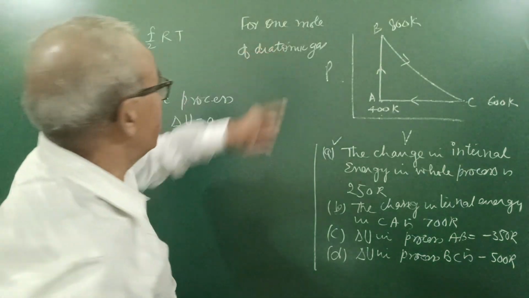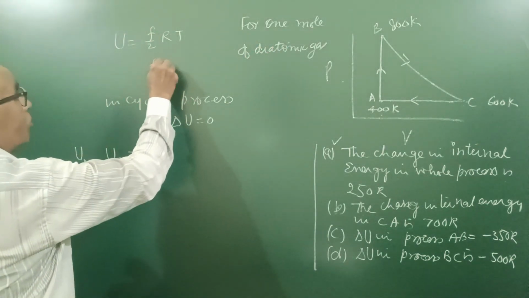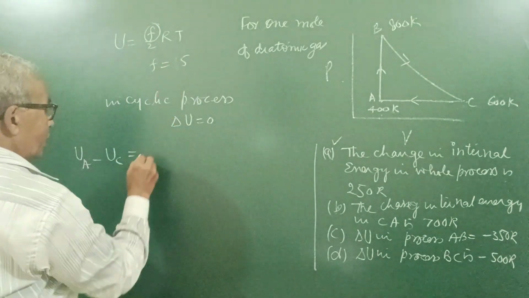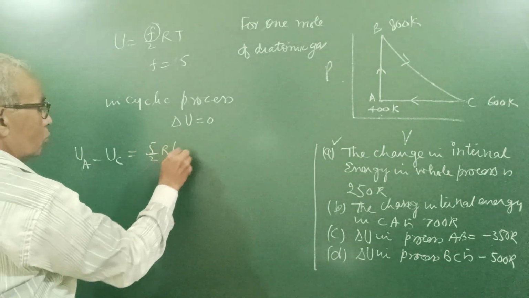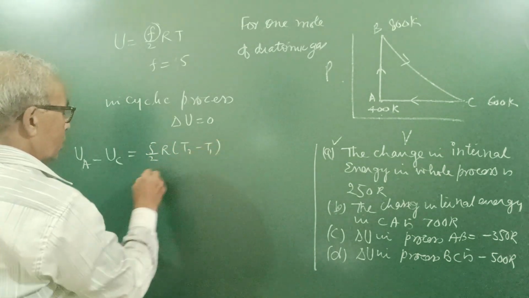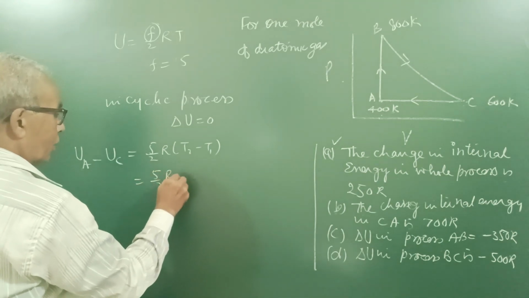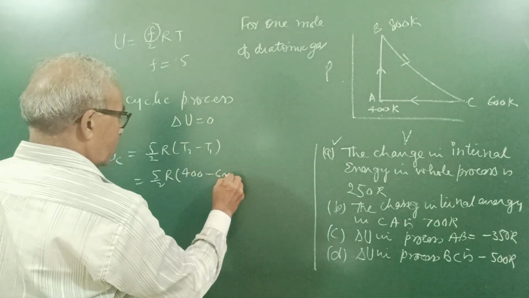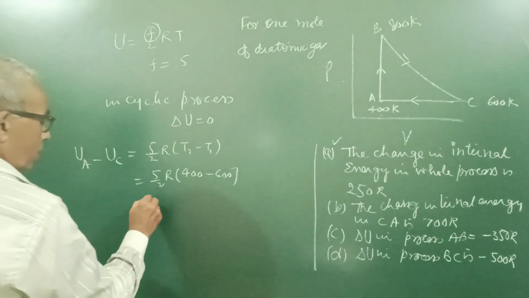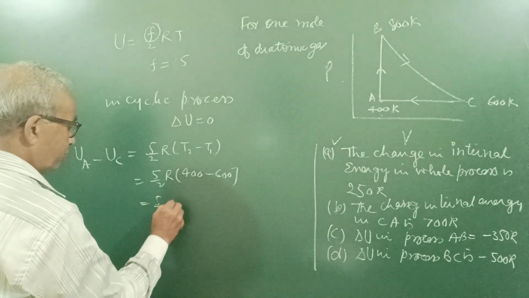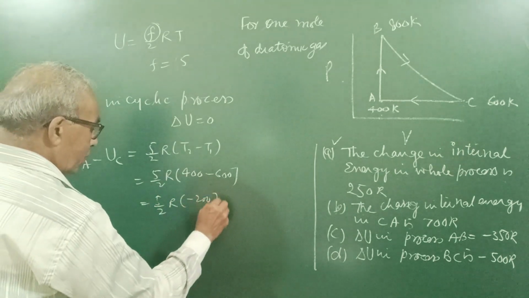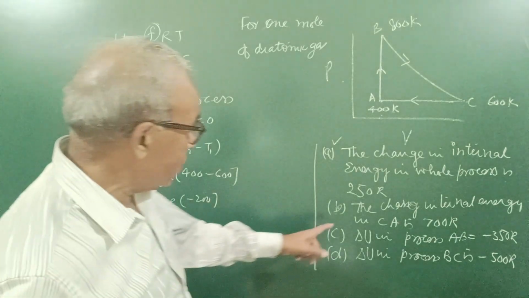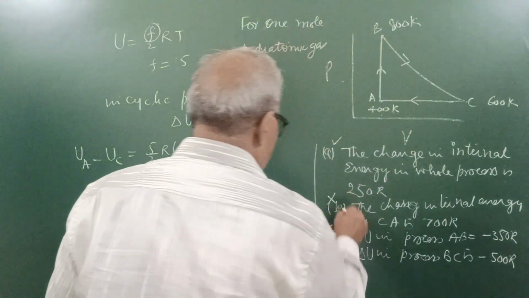For diatomic gas, the degree of freedom is 5. So we write here 5 by 2 R into T2 minus T1, that is 5 by 2 R into 400 minus 600, so it is minus 200. So 5 by 2 R into minus 200, so it is minus 500 R. While you are given it is 700 R, this is also wrong.